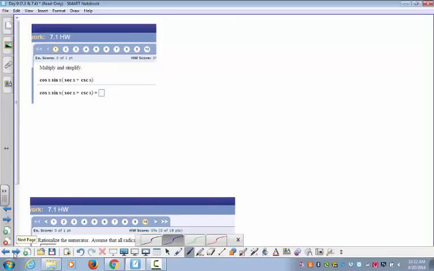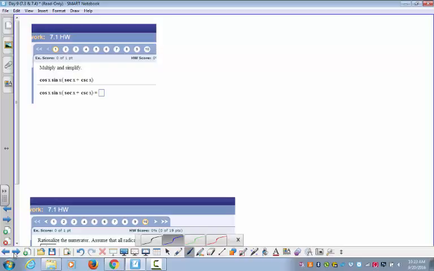Okay, just a multiplication problem to make sure you're sort of seeing how basic distribution laws apply. It's no harder than distributing numbers, but it looks harder because you have all these functions in there. But it's really not.